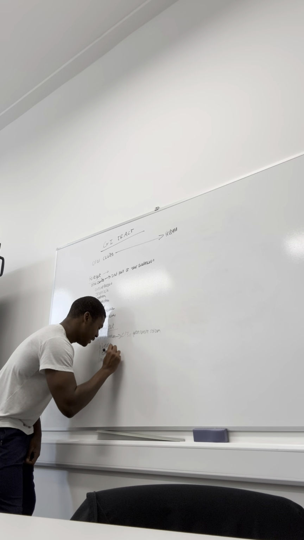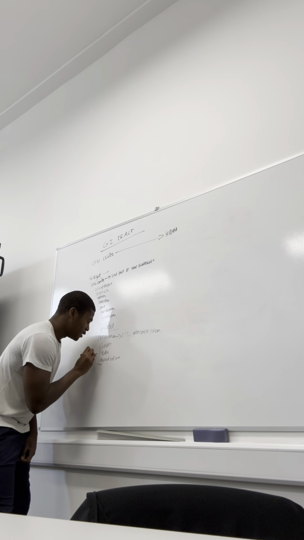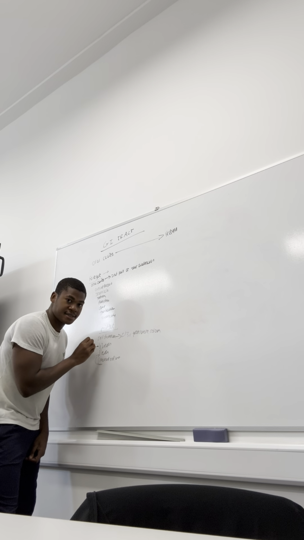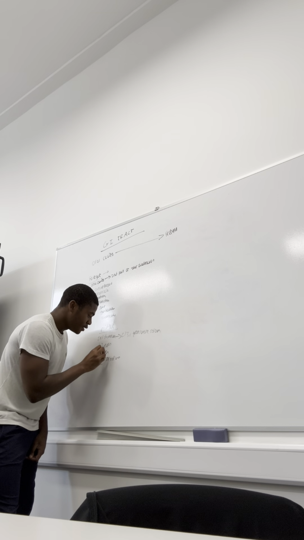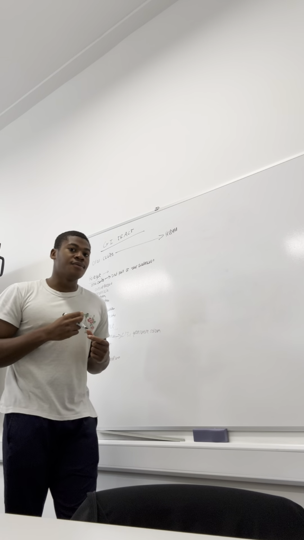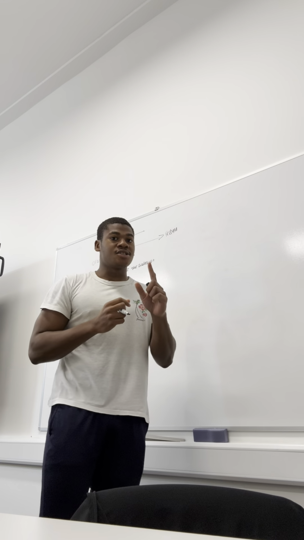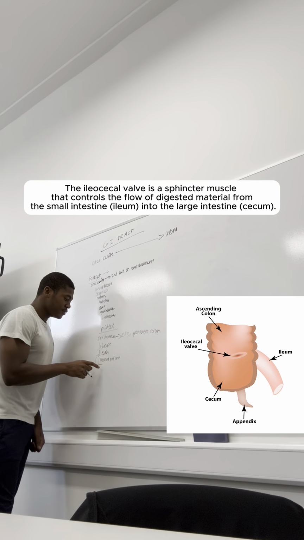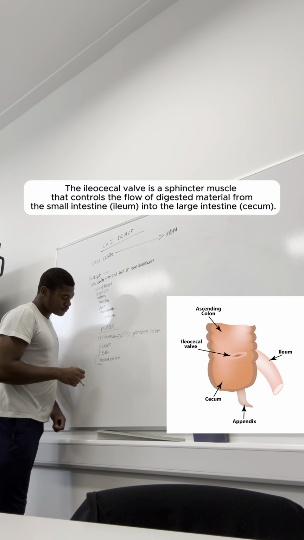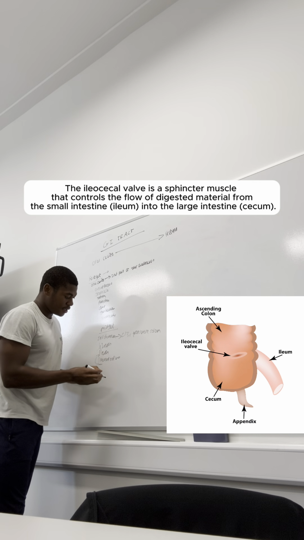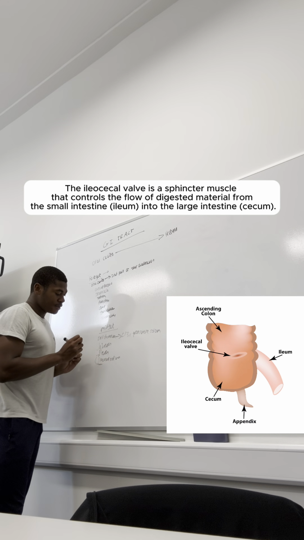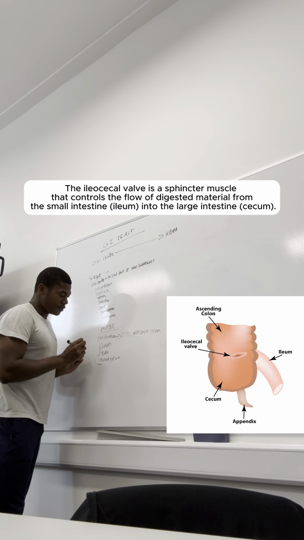I break that down: ileo is referring to the ileum, which is the terminal aspect of your small intestine, and cecal is referring to your cecum, which is the first part of your large intestine. The ileocecal valve is basically going to prevent any backflow from your large intestine coming into your small intestine.